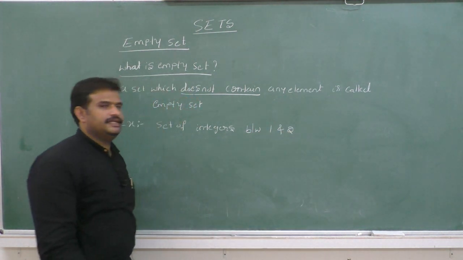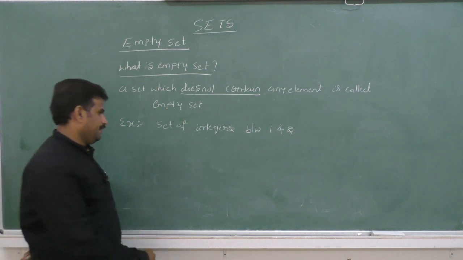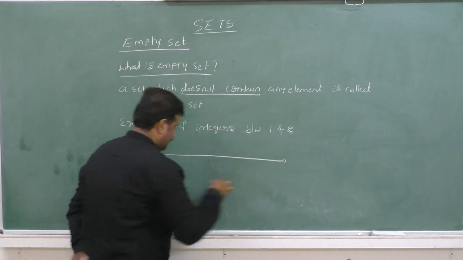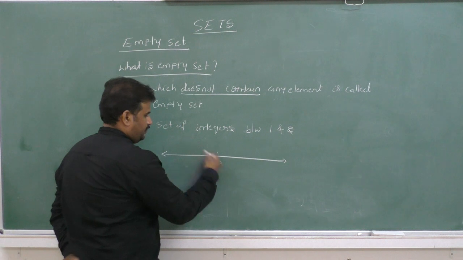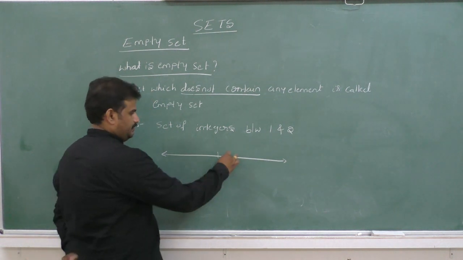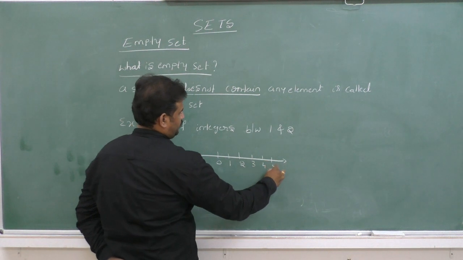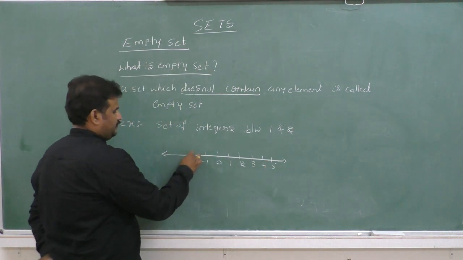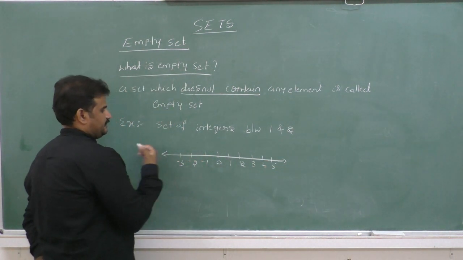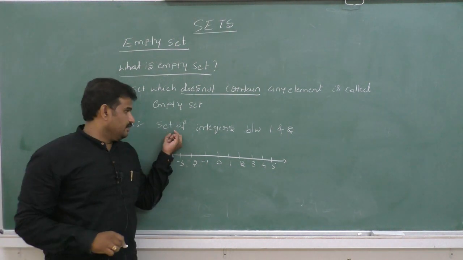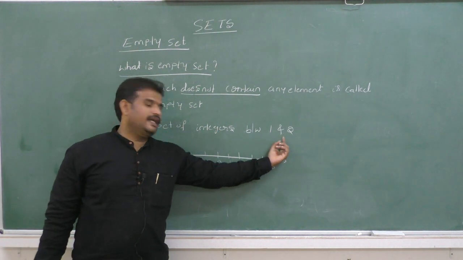Okay. Let's take the integer line. This is 0. Okay. This is 1, this is 2, this is 3, this is 4, this is 5. Here is -1, -2, -3. Okay. So what is the question? Set of integers between 1 and 2.